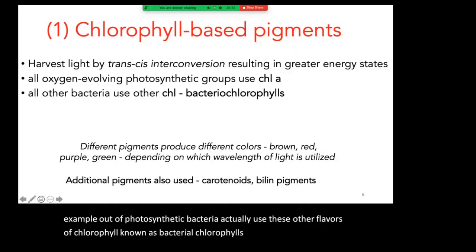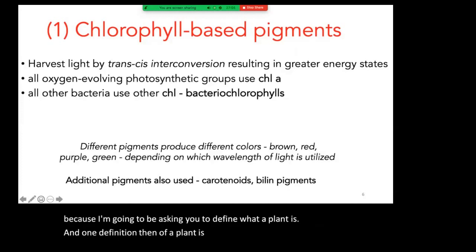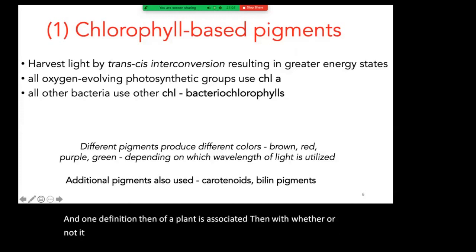So this is important because I'm going to be asking you to define what a plant is. And one definition of a plant is associated with whether or not it has chlorophyll A. And we'll come back to this, all right?